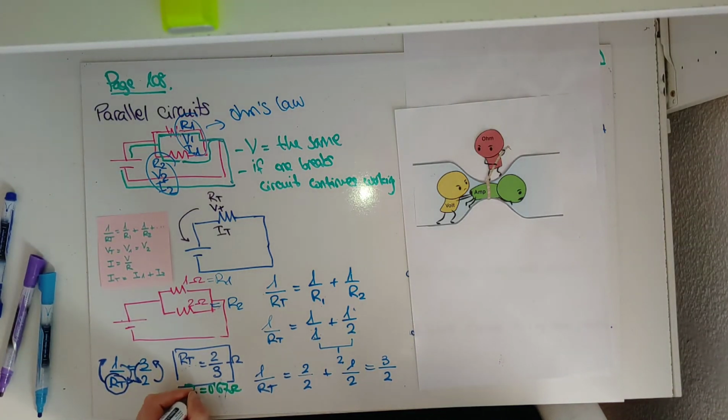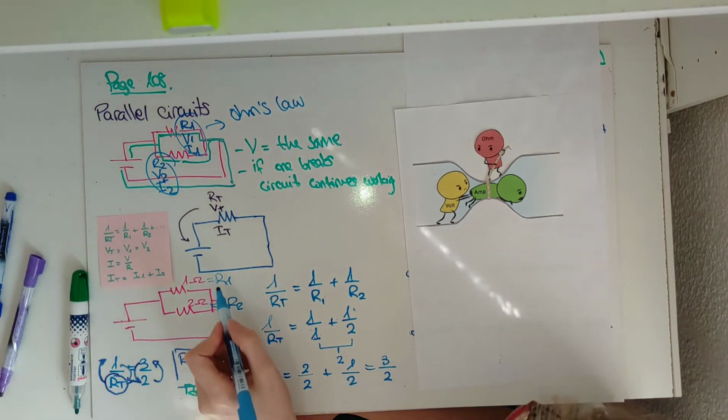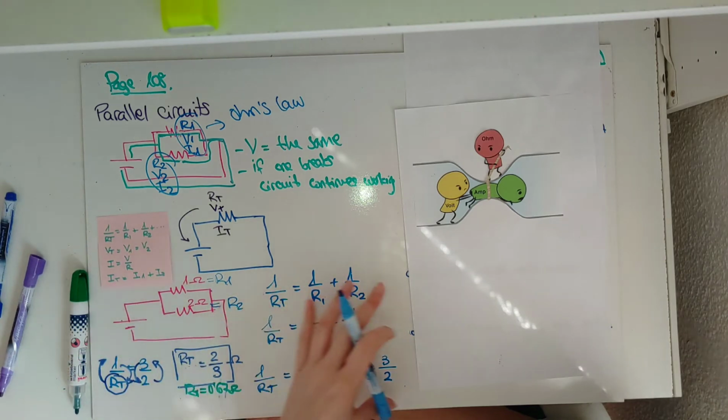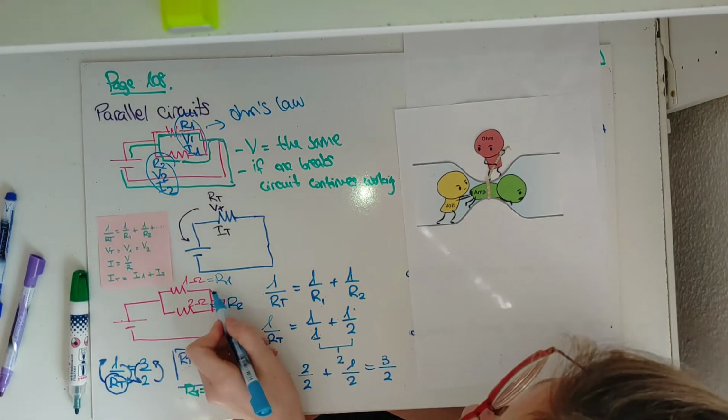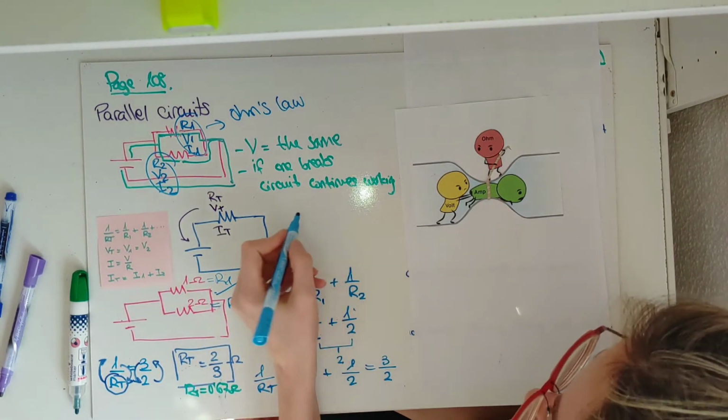Okay? This is one way. If I have only two resistors in parallel, I can do it with another formula, but I want to follow this method, okay?